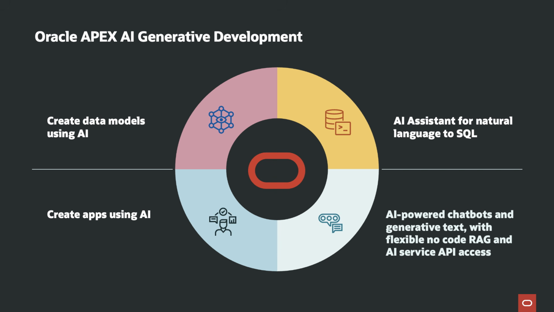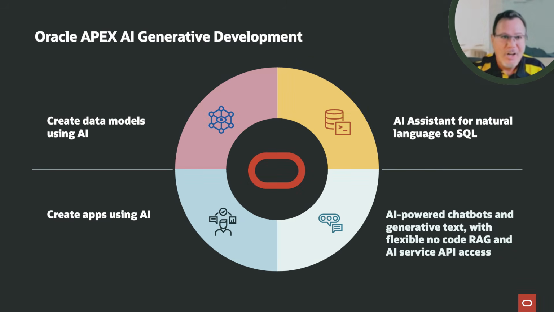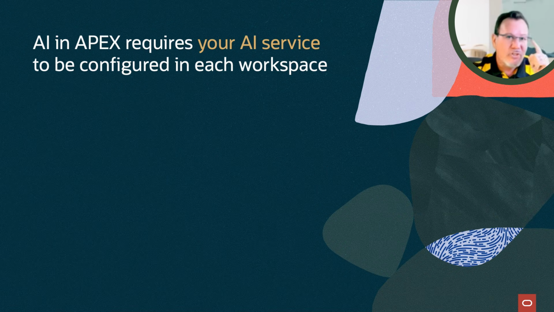Now, we're talking about AI now, all about generative development. But a key thing about all of this is to understand that even with Oracle AI Database 26 AI, Oracle Apex requires your AI service to be configured, and the Apex side of the conversation in each workspace. So just because you have an Apex workspace doesn't mean you have AI for anything.